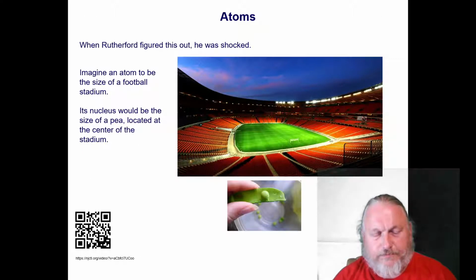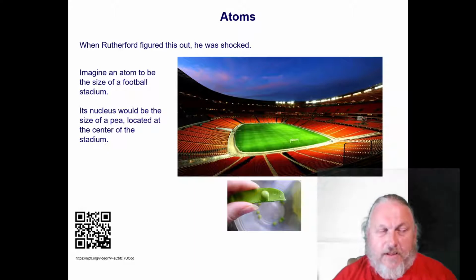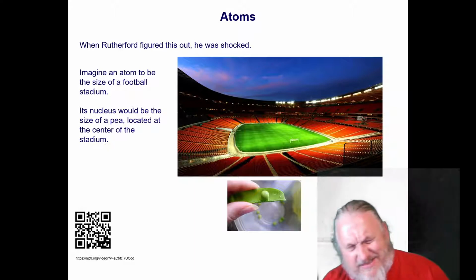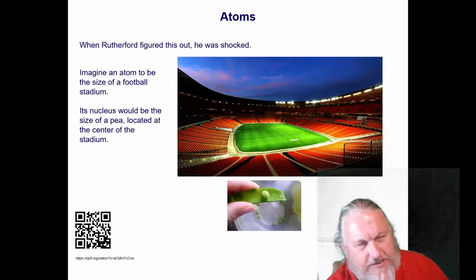So, Rutherford, when he figured this out, he was shocked. So if you go to the Liberty Bowl, right? Y'all been to Liberty Bowl, it's pretty big. And we said that's the size of an atom, the size of the Liberty Bowl. Right, pretty big. It was a sphere.